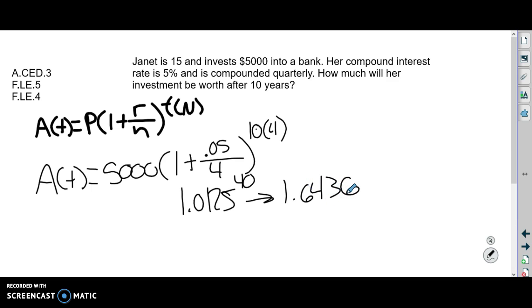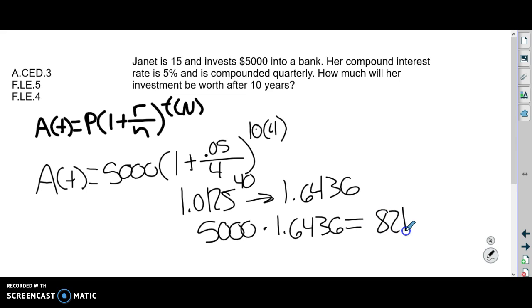And then we're going to plug that back in, and we'll have 5,000 multiplied by 1.6436, and we'll end up with a total of 8218.10. So after 10 years, Janet's investment is going to be worth $8,218.10.